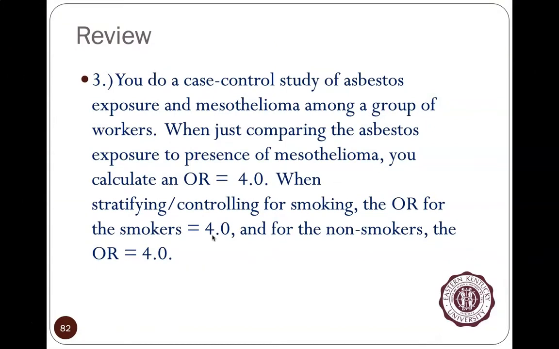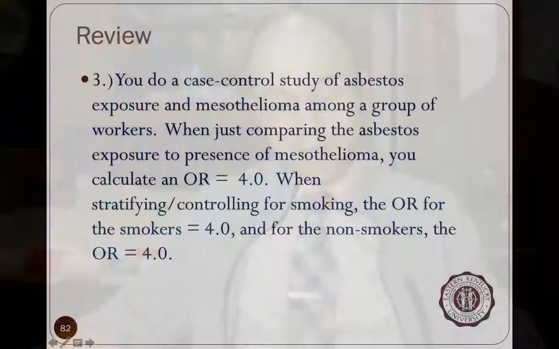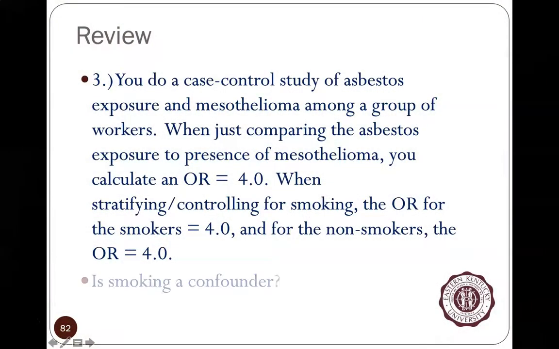The stratified odds ratios, when we adjust for smoking, shows the same effect, 4.0. And in this one, 4.0. There was no change in the odds ratio. So is smoking a confounding variable in this example? Usually it's a confounding variable, but in this example it's not.